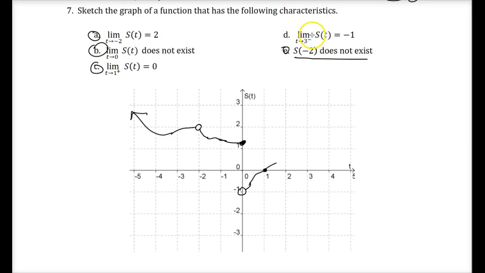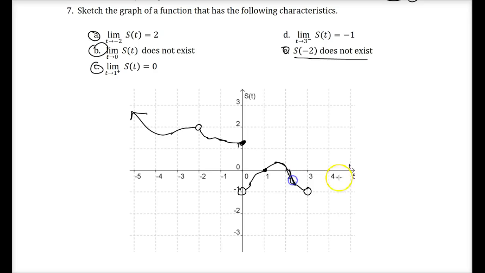D says the behavior of our function s of t as t approaches 3 from the left is going to be -1. Okay. So here what I'm going to do is I'm going to do a hole right here, because that's what I'm choosing to do. Don't have to do that, but I'm going to do a hole right here and kind of make sure my graph goes like that.